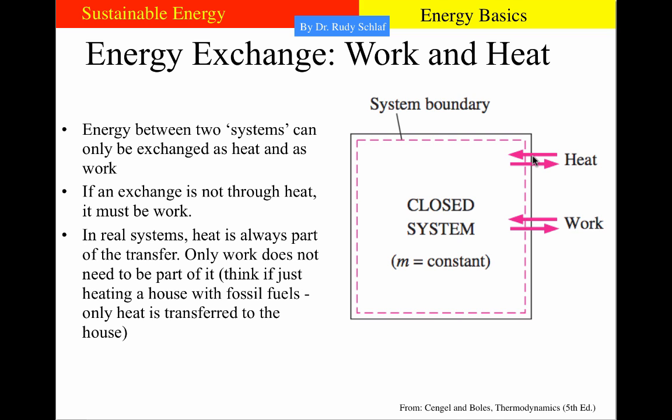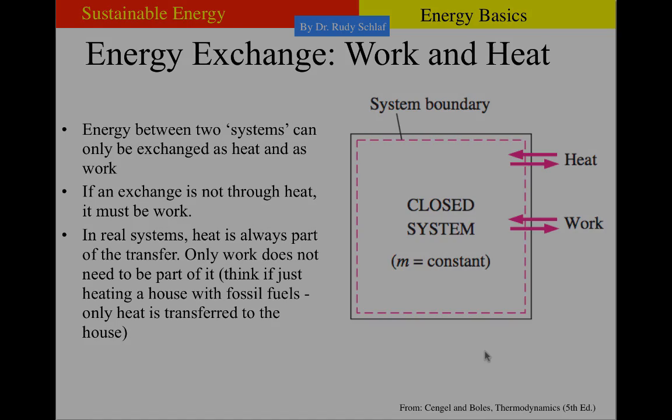It is virtually impossible to build something where we can only transfer energy via work but have no heat transfer at the same time. However, when it comes to heat, it is entirely possible to do a transfer without any work. Just think of heating a house using fossil fuels. There we take the potential energy in the fuel, and then we burn the fuel and we release the energy as heat to the air and the house that is around the fuel.